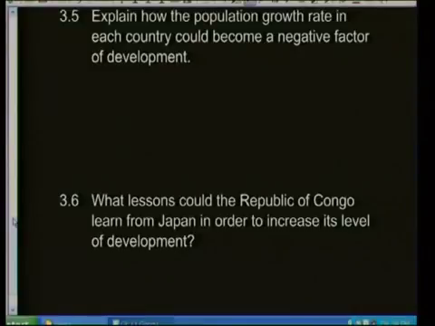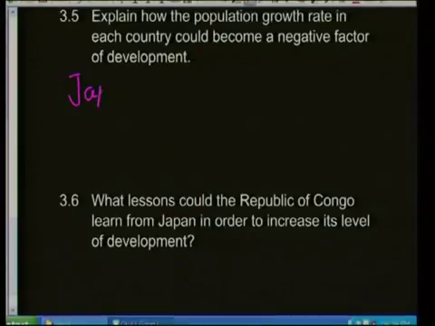All right, question 3.5. Explain how the population growth rate in each country could become a negative factor for development. Now, this is quite a different question because we are looking at Japan, okay, and we're looking at the Republic of Congo.